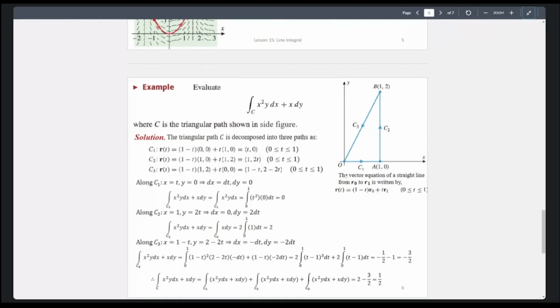However, one good thing is that you start the journey from a point and come back to the same point. You can return to the same point. That means such C1, C2, C3 construct a triangular region, a closed triangular region.